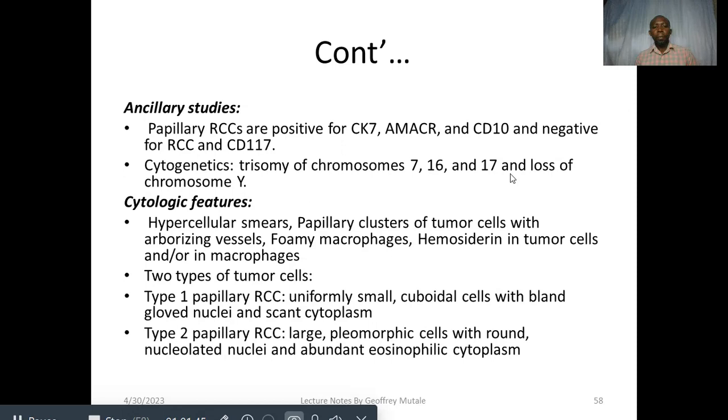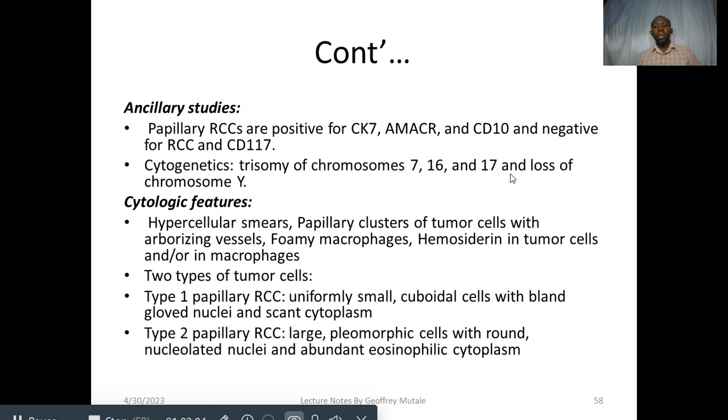Cytologic features, we mentioned some, but we expect to have a hypercellular smear, papillary clusters of tumor cells with arborizing vessels, foamy macrophages, hemosiderin deposits in tumor cells.